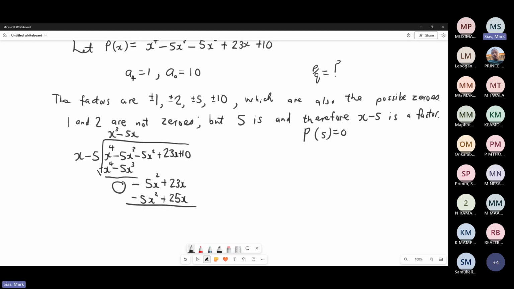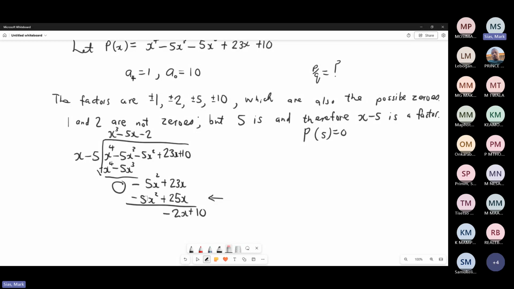There's a sign change there, and here I've got minus 2x. Then I bring down the 10. Then I ask myself, how many times does this x divide into minus 2x? Well, minus 2 times. And then we do the following: we multiply again.